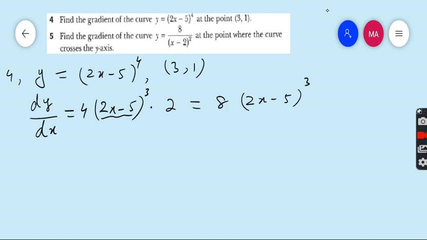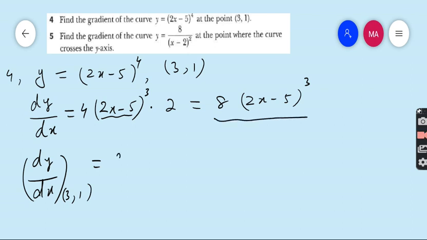Now we have to find the gradient at this point, that is dy by dx at (3, 1). This means we have to put 3 where we see x in the answer, and 1 where we see y, but in this case only x is present.